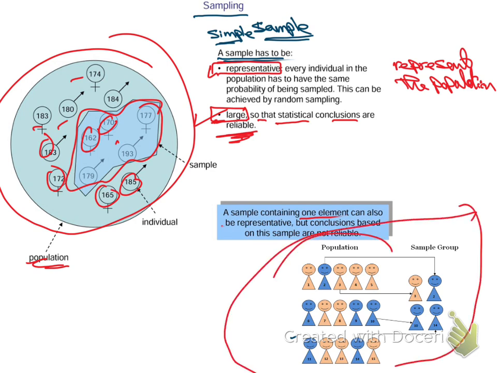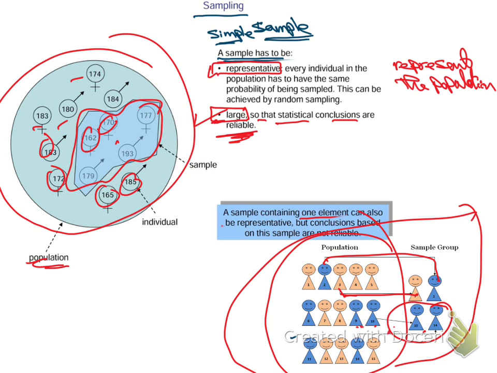Okay, so as I can see in this example here, this is my population, everyone, and when I select the sample, I have to make sure that it is representative. How representative? So the blue color is represented and this orange color is represented as well. Also for the other group, I have to make sure that all of them are represented. Here, for example, I've already picked both of them from the blue color.